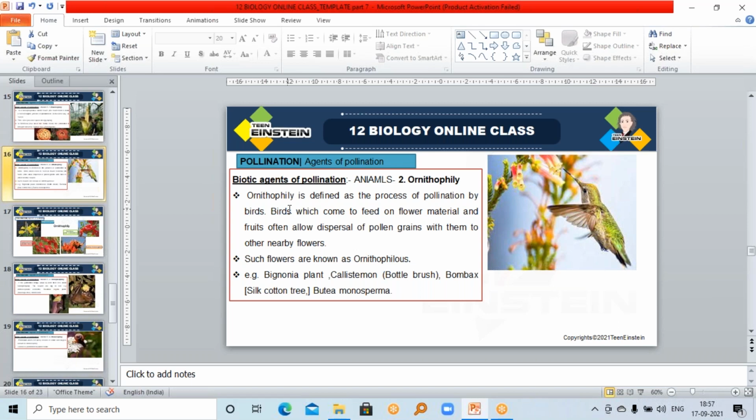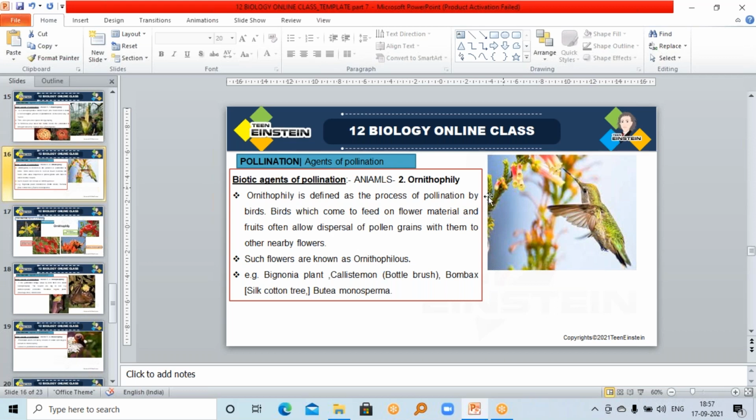Next is ornithophily. Ornithophily means the process of pollination by birds. Here birds are helping for pollination. The birds will come to feed on the flower material.